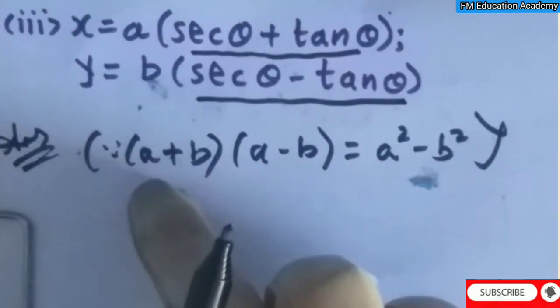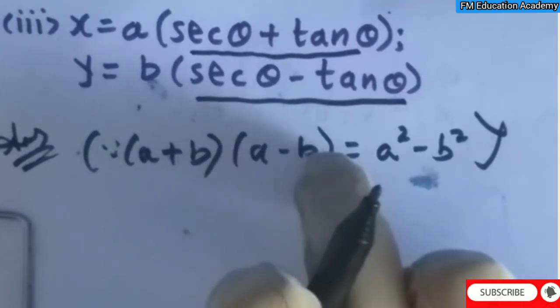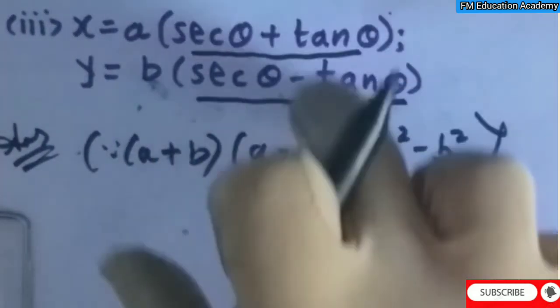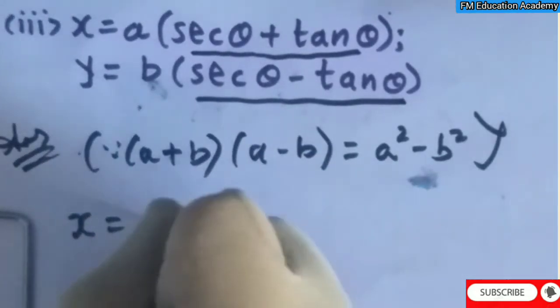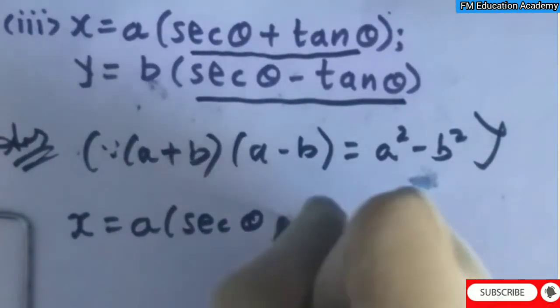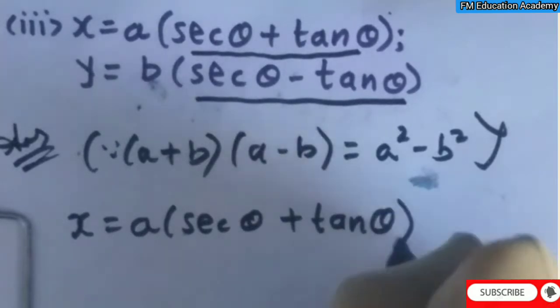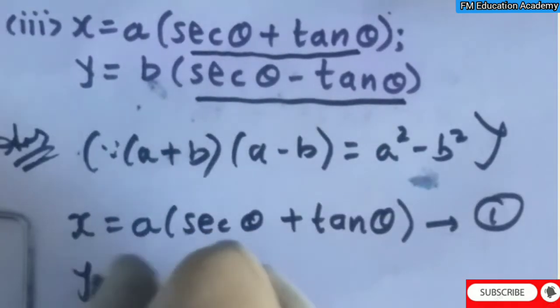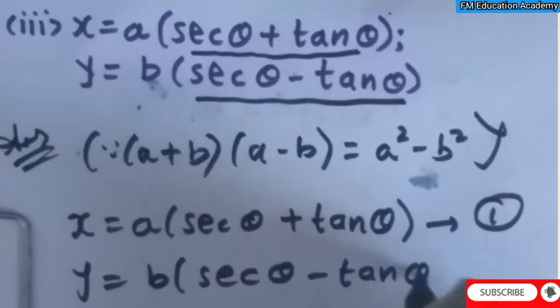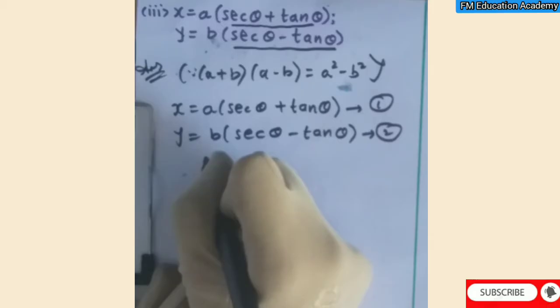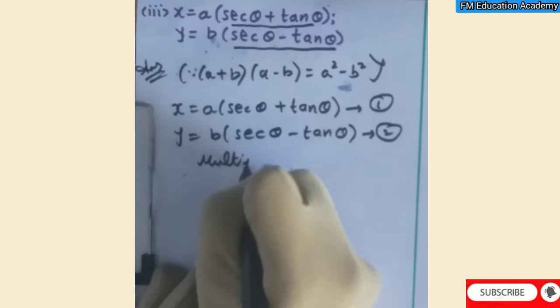If we want to write it in the form of a plus b into a minus b, we need to multiply these both. So we will consider x is equal to a into secant theta plus tan theta as equation 1 and y is equal to b into secant theta minus tan theta as equation 2, and then we will multiply equation 1 and equation 2.